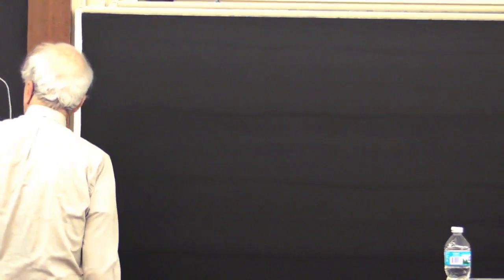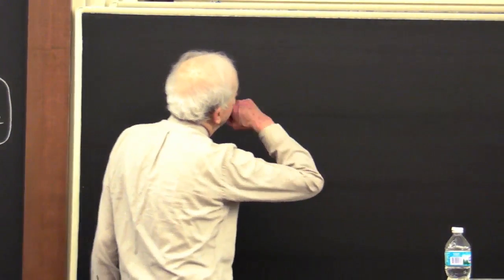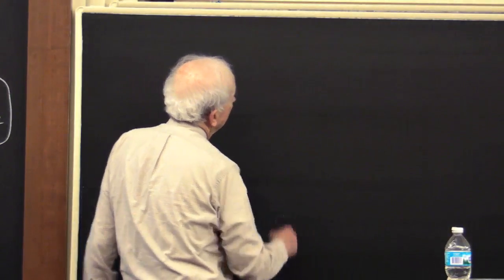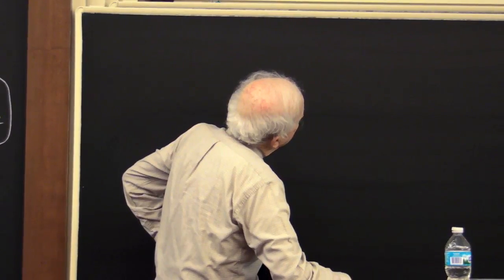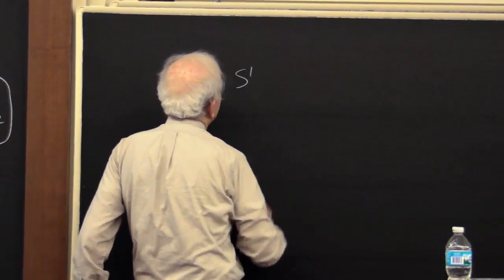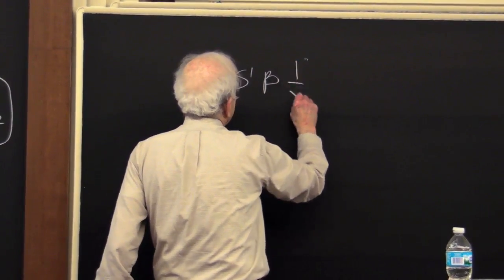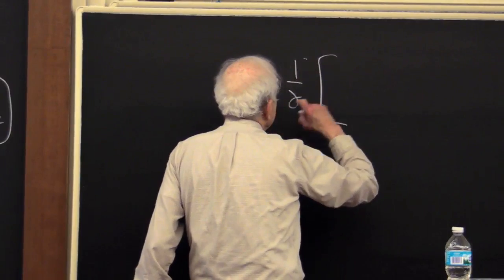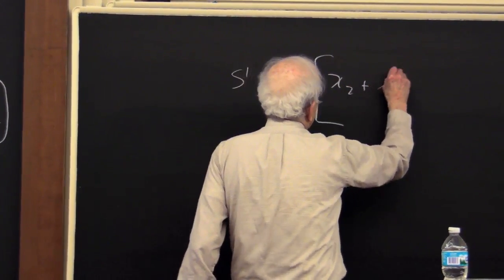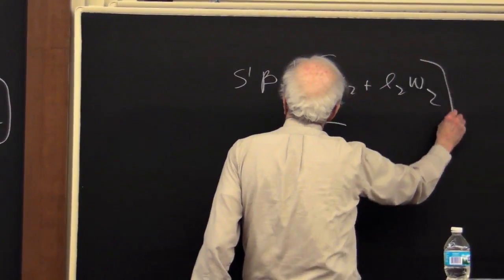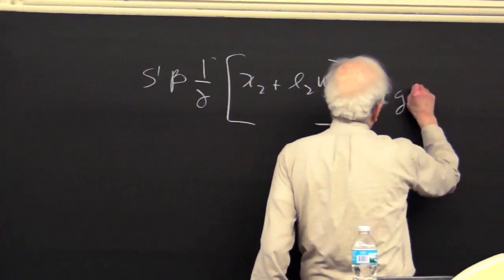What we're saying is, go back to our condition here: S prime beta, and then this turns out to be 1 over gamma times x2 plus L2 W2, is going to be equal then to G prime.